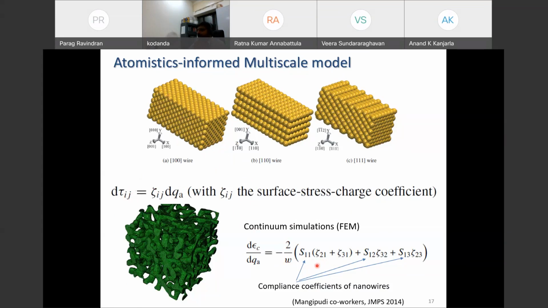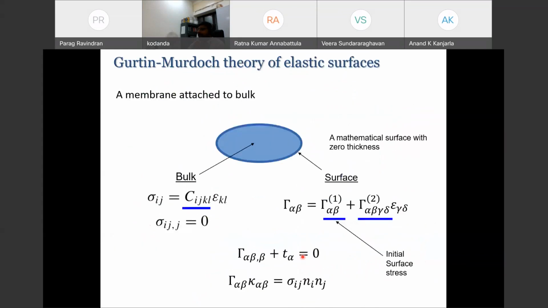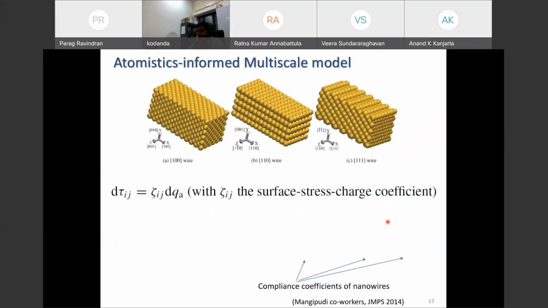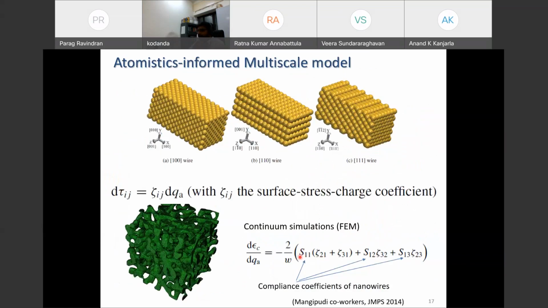From the stresses, we take the elastic stiffness tensors from some other simulation. Once those tensor components are known, we can invert the stresses and get the strain versus charge behavior.